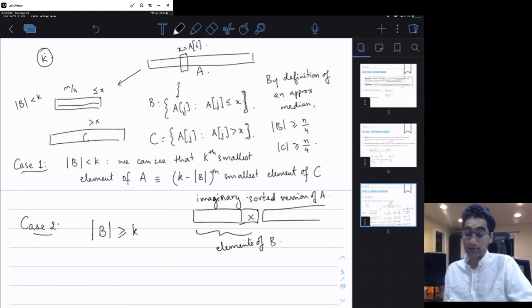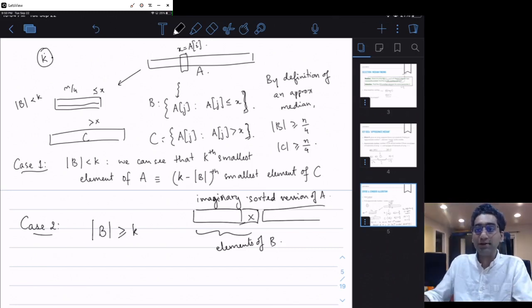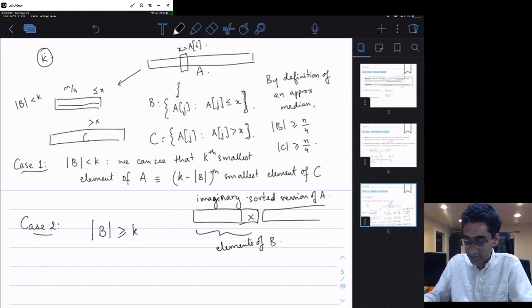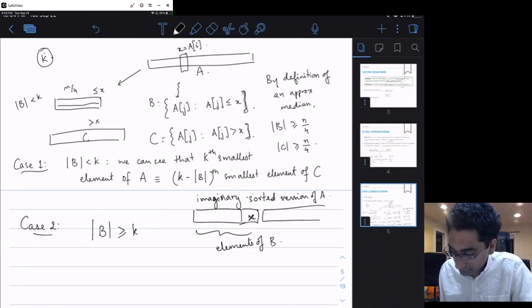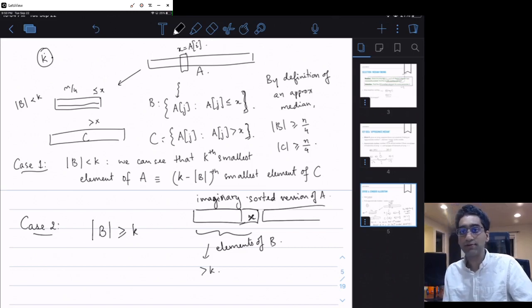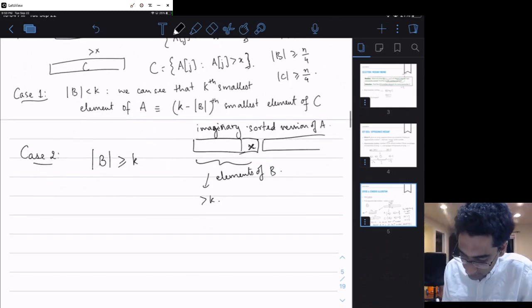So remember, B is also not sorted, right? B is just the collection of elements. So it's the elements of B in sorted order, and x would appear at the end of this. Now we know that there are more than k of them. So if I want the kth smallest element of A, then it's exactly equal to the kth smallest element of B.